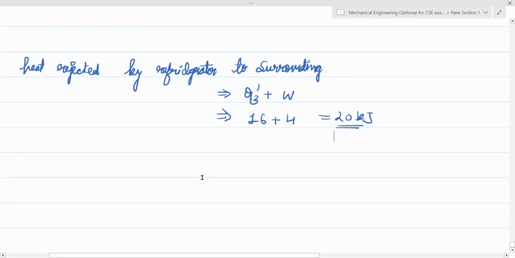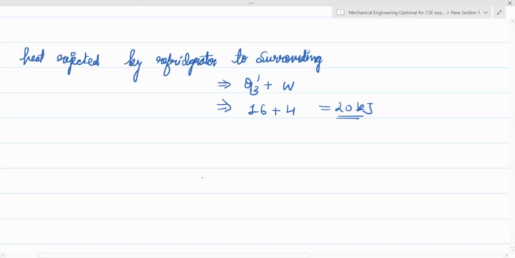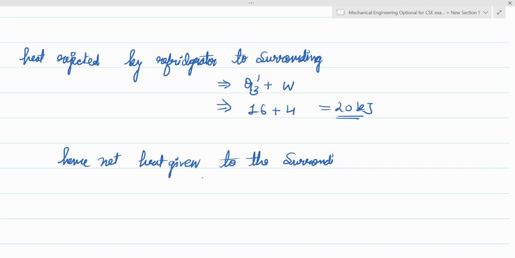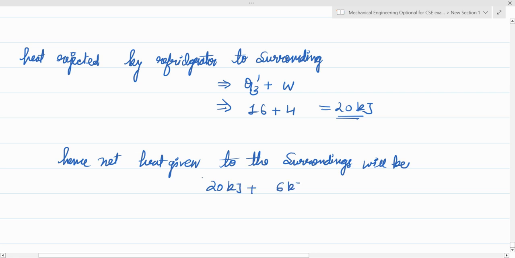So the heat given out by the refrigerator is 20 kilojoules and the heat given out by the heat engine is 6 kilojoules. Hence, net heat given to the surroundings will be 20 kilojoules plus 6 kilojoules, that comes out to be 26 kilojoules.